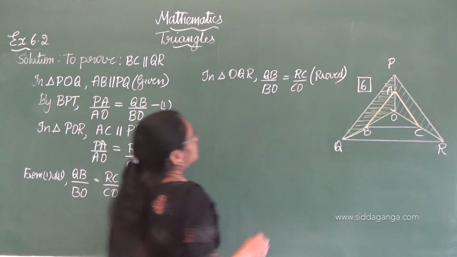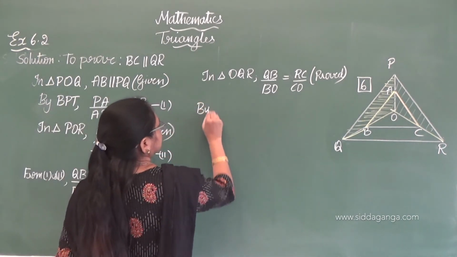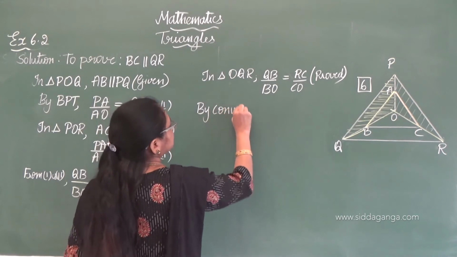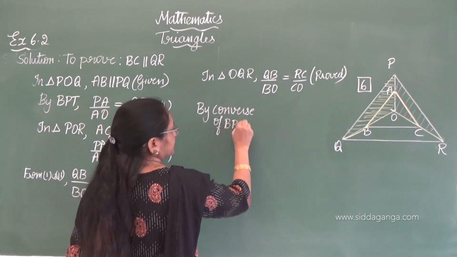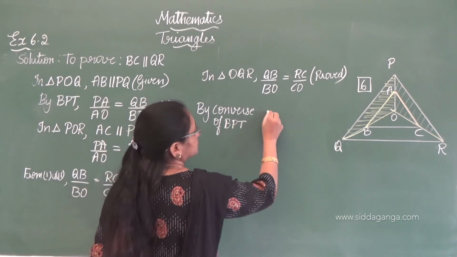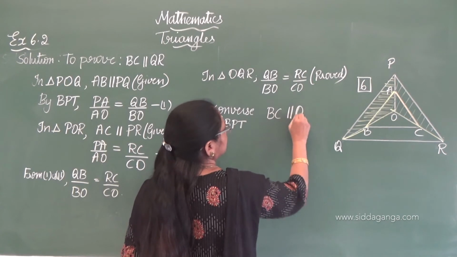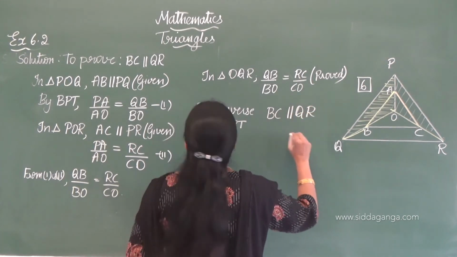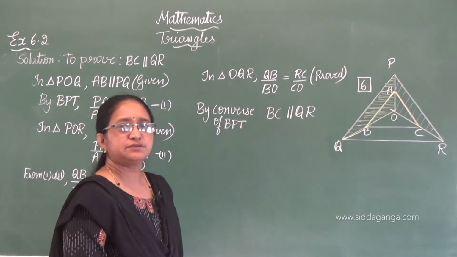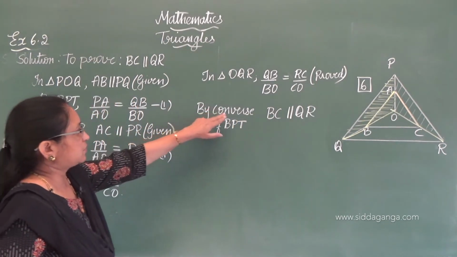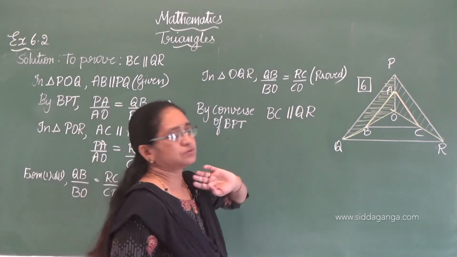Now, just now we proved, correct? So, by converse of BPT, you have to write this, BC is parallel to QR. That is what we needed. You have to write this: by converse of BPT, BC is parallel to QR.